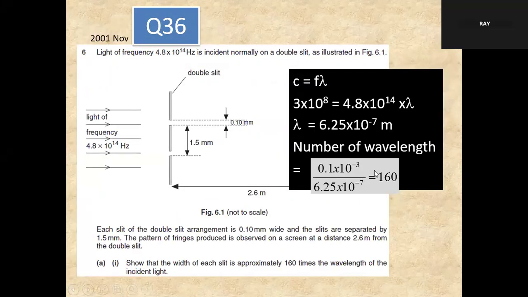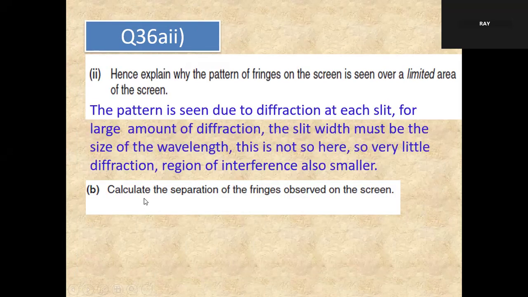It's considered a wide gap already, so compared to the wavelength, this is a wide gap. The pattern is seen due to diffraction at each slit. For a large amount of diffraction, the slit width must be the size of the wavelength, but we are not using that. The diffraction is very little because of the wide slit. The region of interference is also smaller, no?